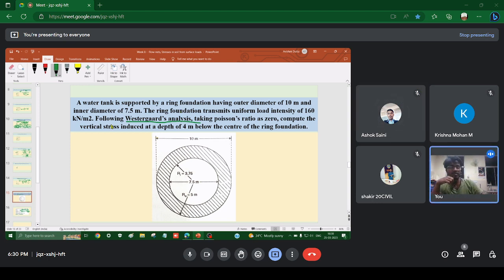According to Westergaard's equation or theory, what is the formula for circular load? I believe this is the formula.